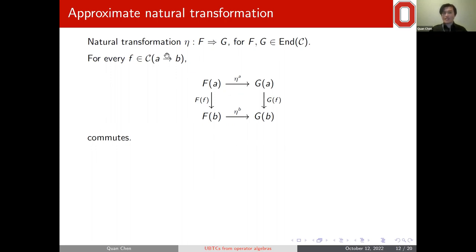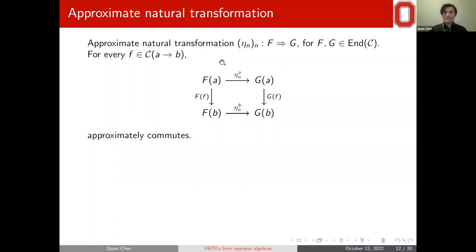And what is an approximate natural transformation? It should be a sequence eta n from F to G, for any functors F and G. So for every morphism f from A to B, this diagram approximately commutes. So eta n A, eta n B. This diagram approximately commutes.